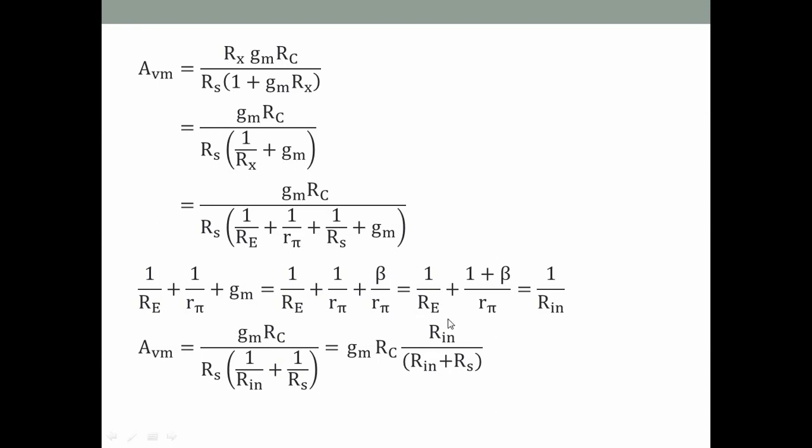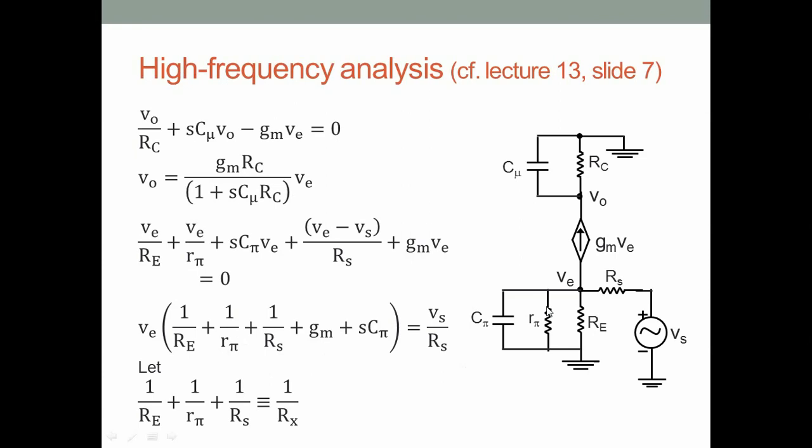Now this quantity, if you recall the common base amplifier, is the input resistance of the common base amplifier. So let's go back to this circuit. That quantity is Re in parallel with Rpi divided by 1 plus beta.